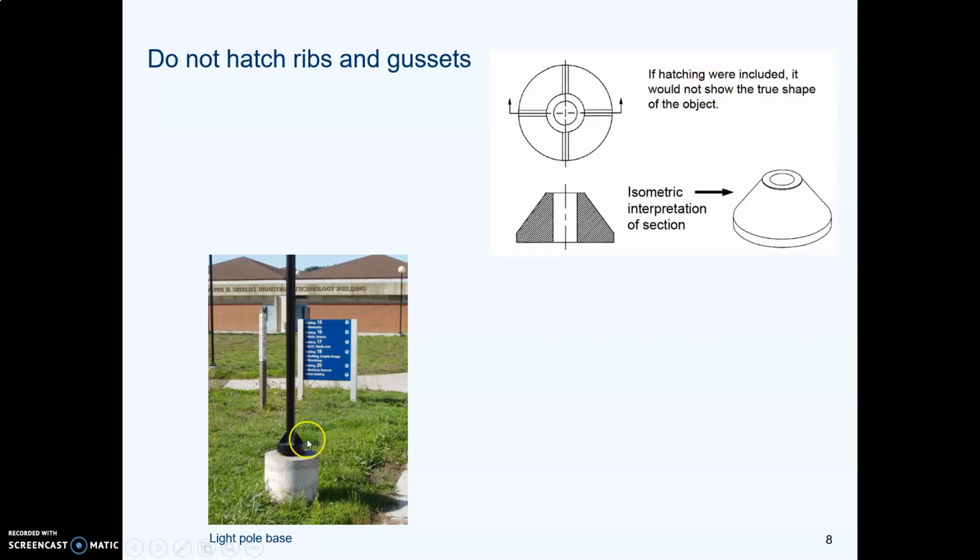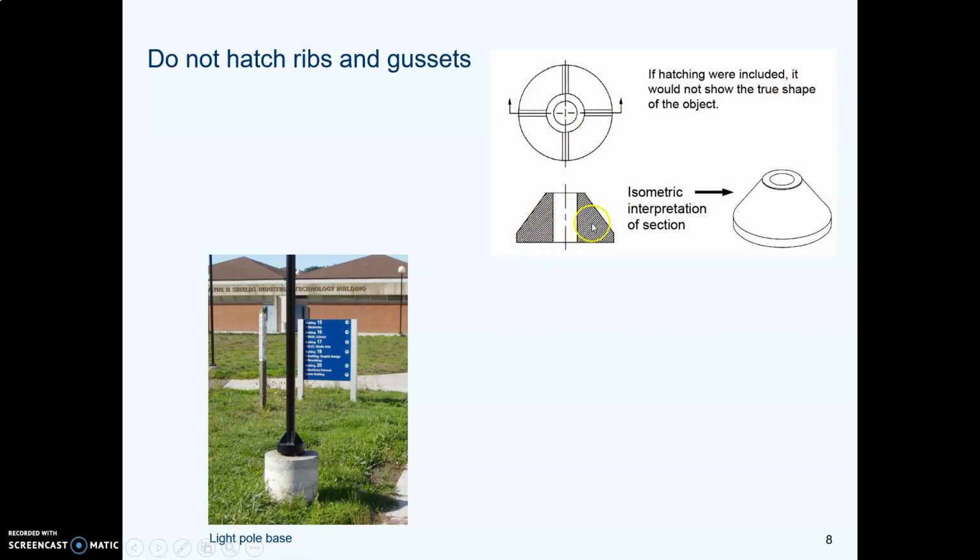This is a base on a light pole that used to be at the LCC campus. It's been replaced with a more modern style now, unfortunately, so we can't go look at it. But it looked like this. Well, if you made a drawing of that light pole base for someone, and you cut a section through the middle, and you said, okay, well, I sectioned through there, so I'm going to hatch there, what would the reader think?